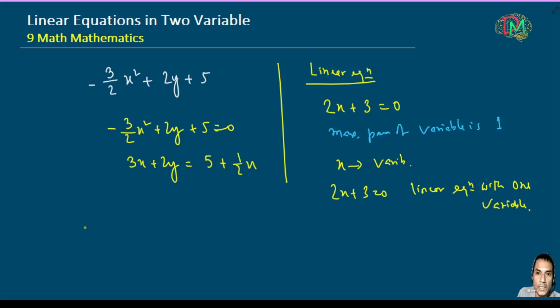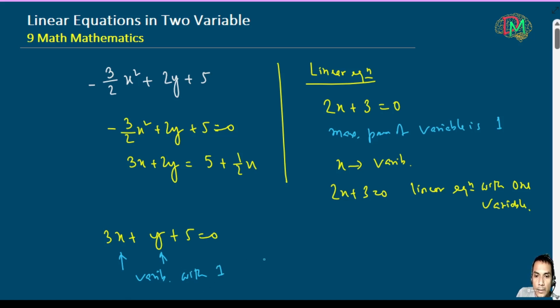What is an example of a linear equation with two variables? If I consider 3x plus y plus 5 is equal to 0, this is an example of a linear equation in two variables. Why? Because both variables x and y have power 1, and two variables are there, x and y.